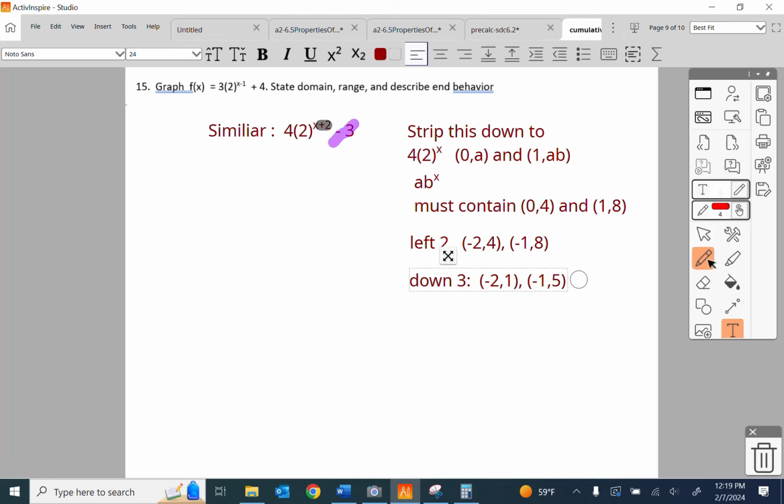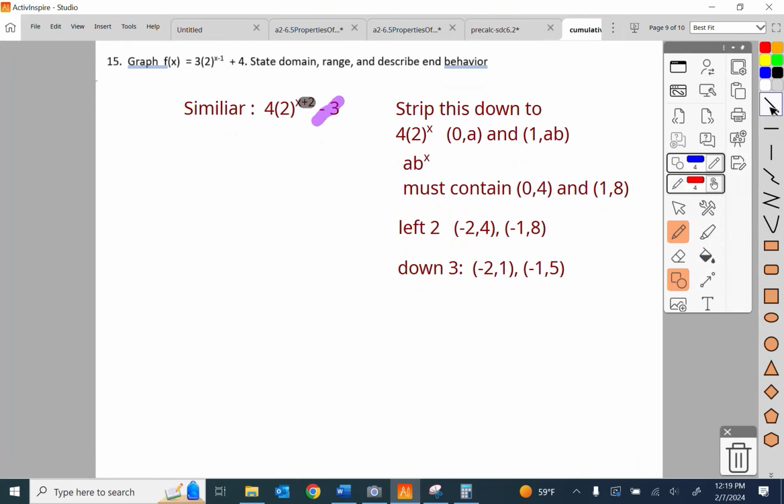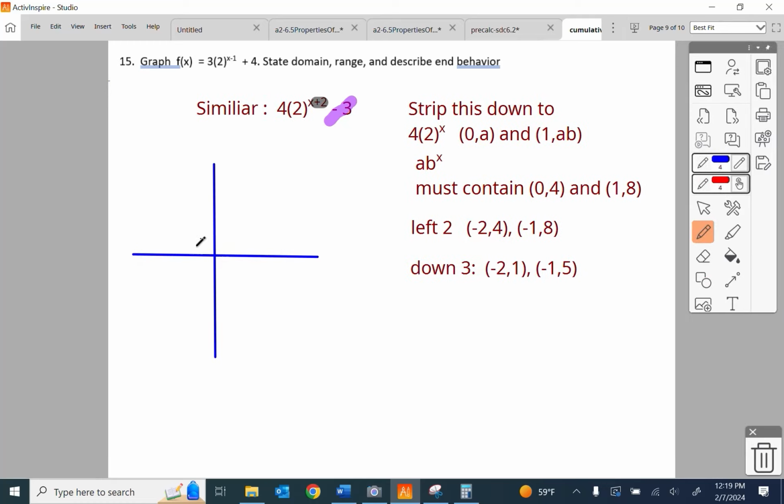So I'm good to start drawing. The only transformation I'm actually going to show on my grid is this whole left 2. Sorry, on this exponential, I'm going to show the minus 3. So I've got negative 2, 1, which is right there.